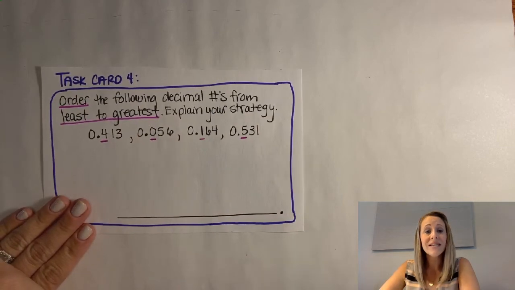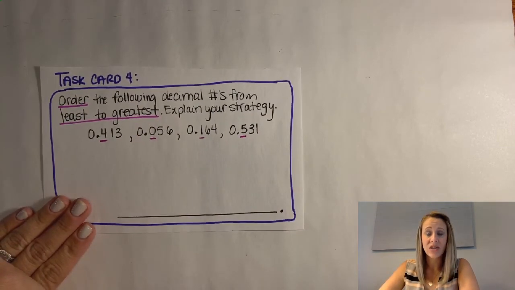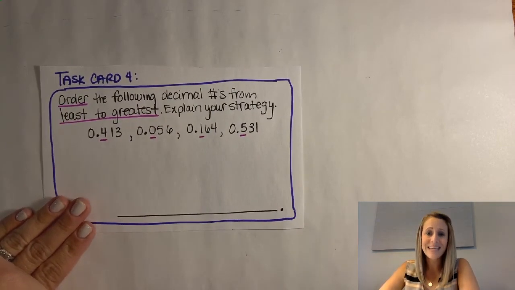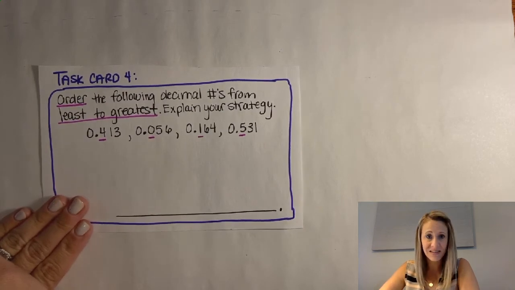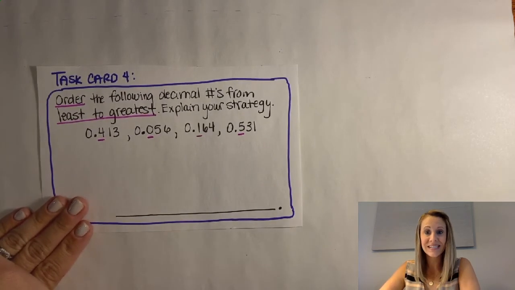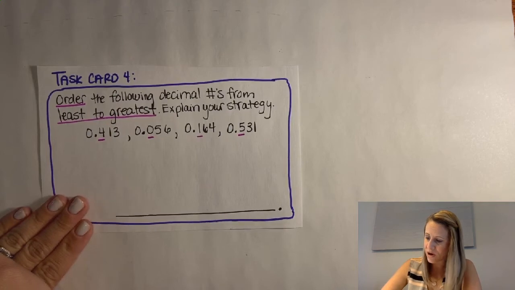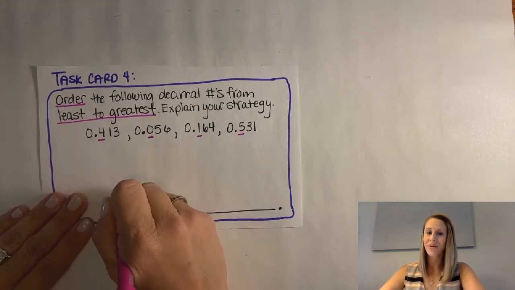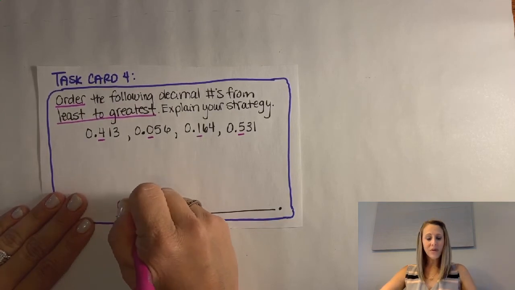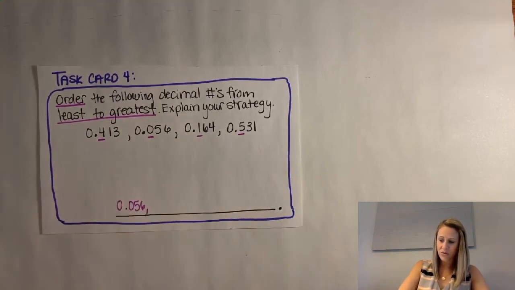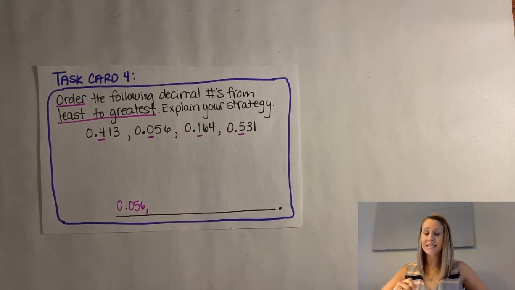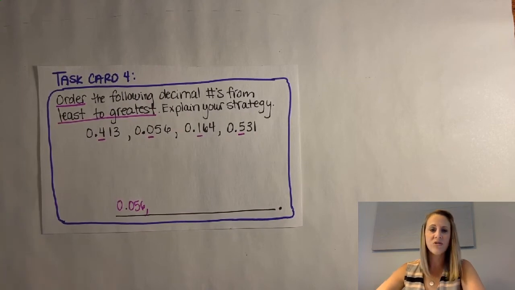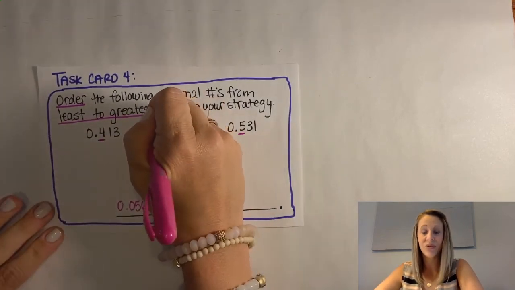So if I wanted to list these least to greatest, which number has the least number of tenths? Yes, the second value, which is 0.056. Okay? What would be the second value with the least number of tenths? And I usually try to put a little check or something so that I won't lose my place.